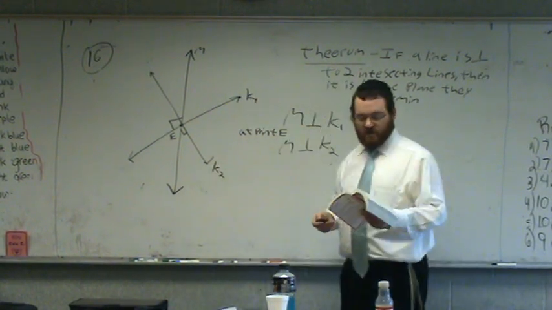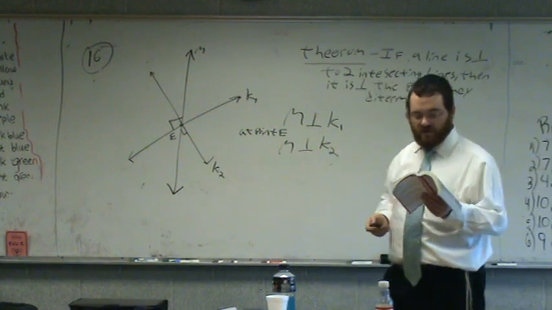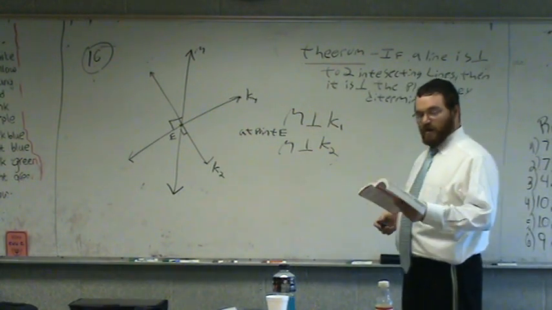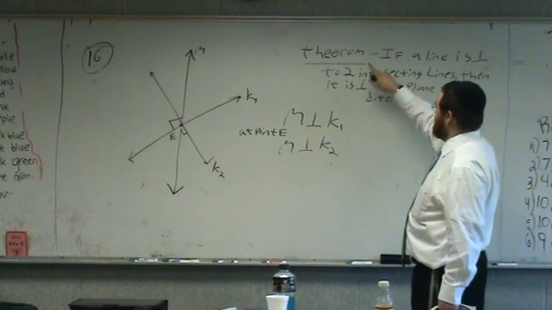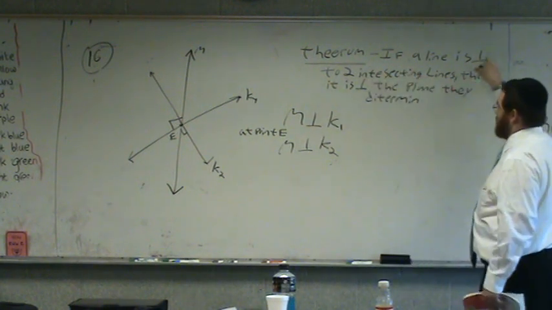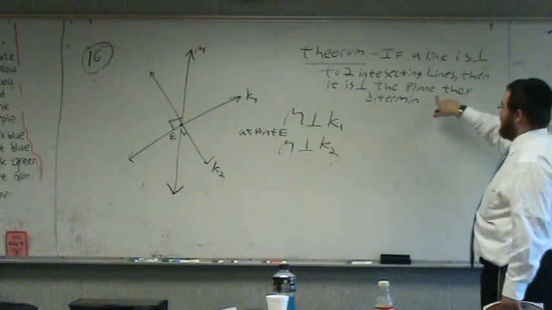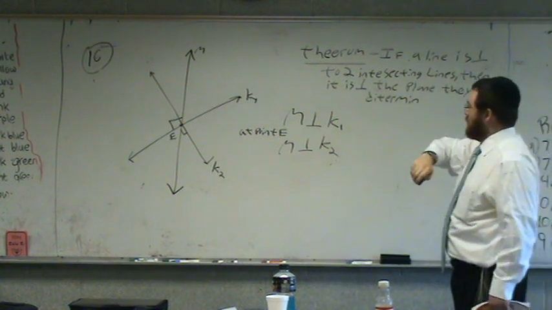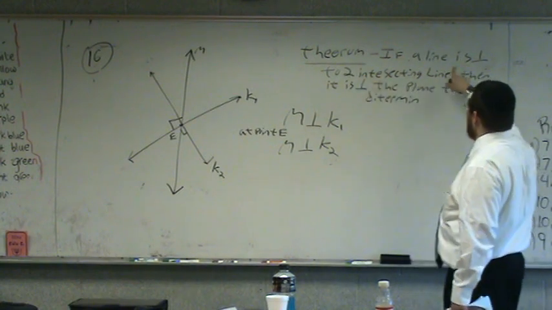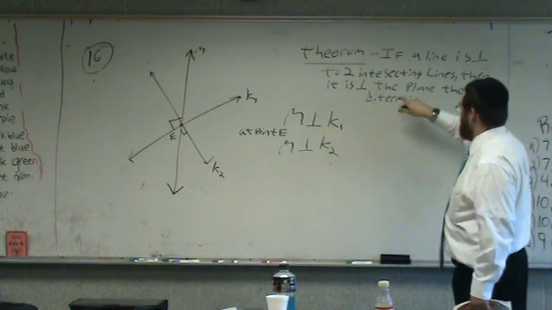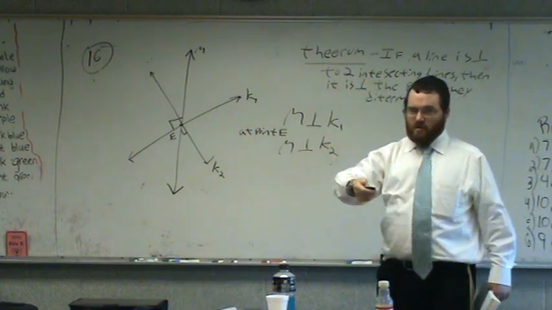So the only correct answer is answer 3, that line M is perpendicular to the plane determined by lines K1 and K2, because of the theorem. If a line is perpendicular to two intersecting lines, then it is perpendicular to the plane they determine. Again, theorem.